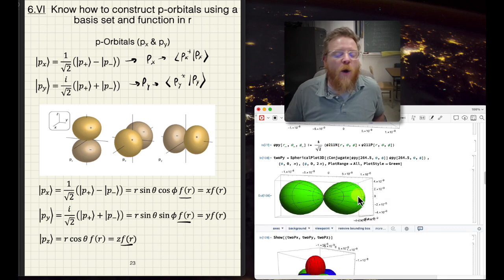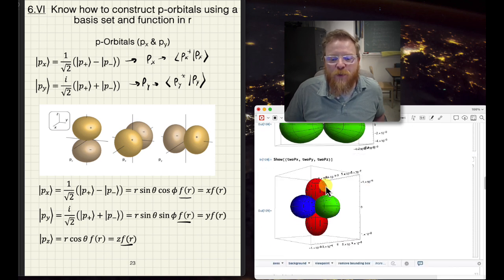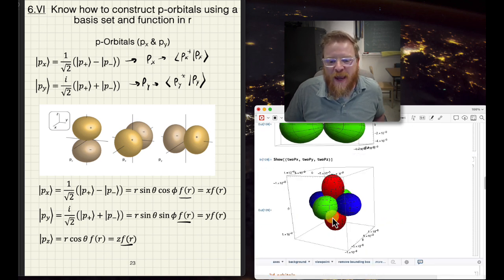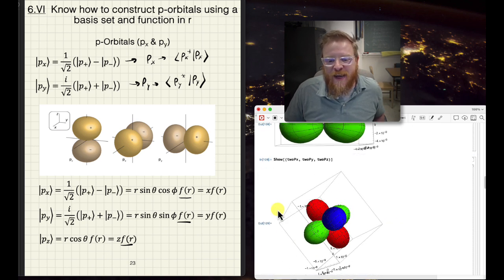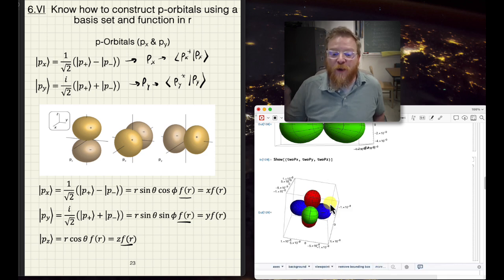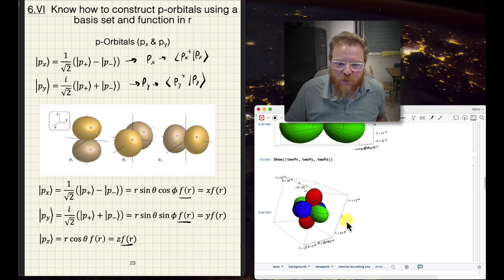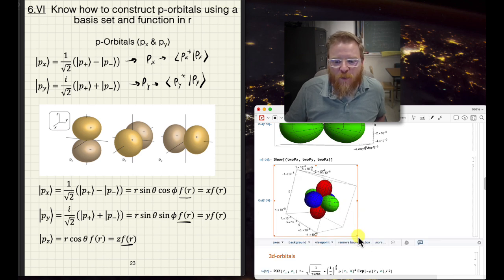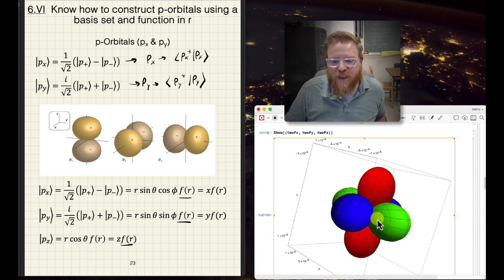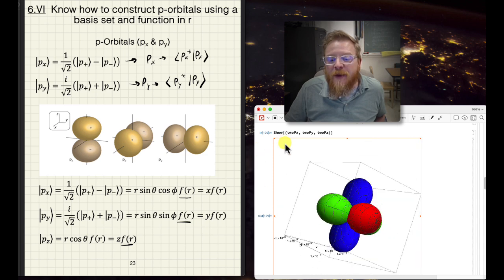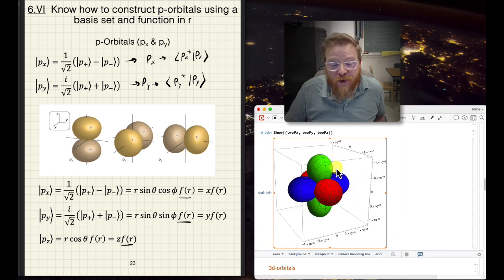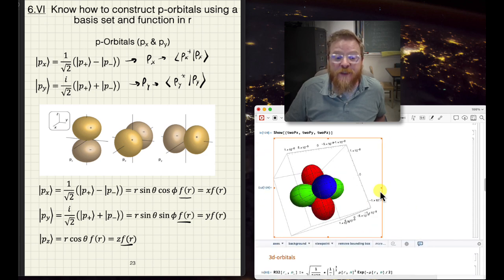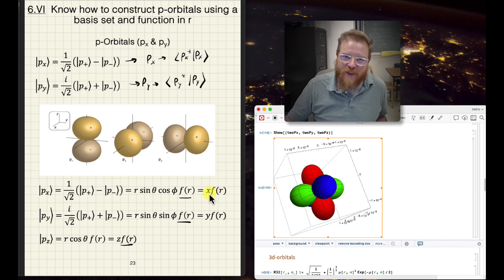And the way that we know we did this correctly, if we put them all together on the same plot, you can see that they now all have recovered their directional dependence in the z, x, y, which is pretty cool. And so that's why we can see that that f of r function has to be the same, because they are all degenerate. They just all have different directions given by the Cartesian dependence x, y, and z.